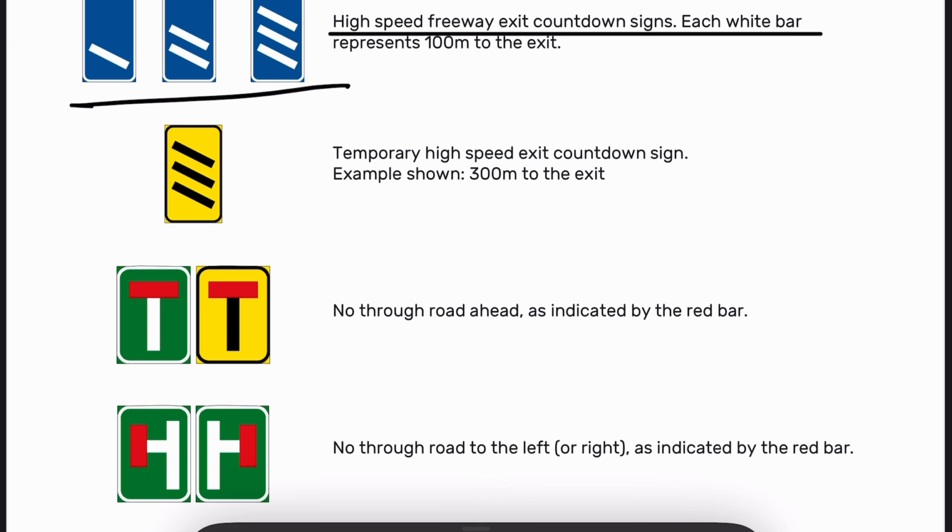They're saying each bar represents 100 meters. In 300 meters, you are getting off the freeway. In 200 meters, you are getting off the freeway. In 100 meters, you are getting off the freeway. 3, 2, 1. They are counting. It's a countdown. All right.